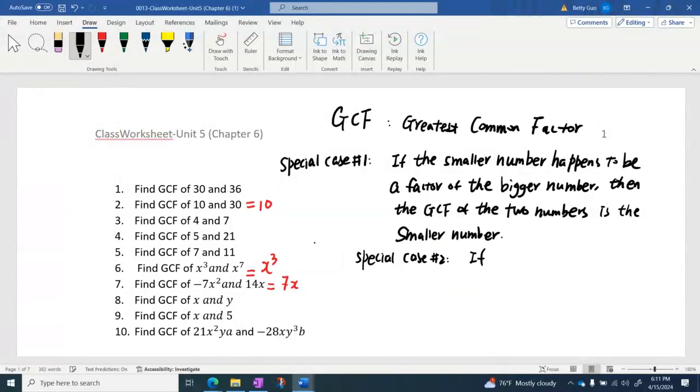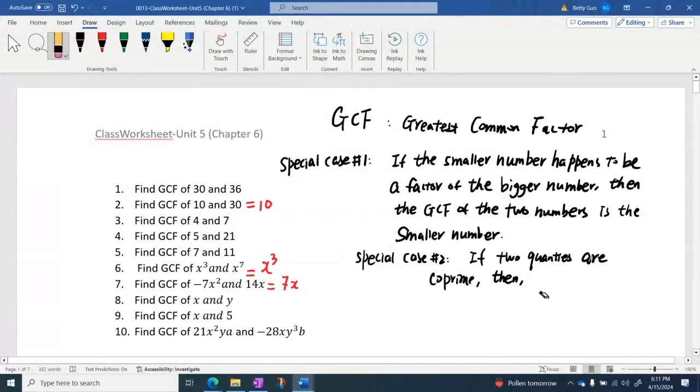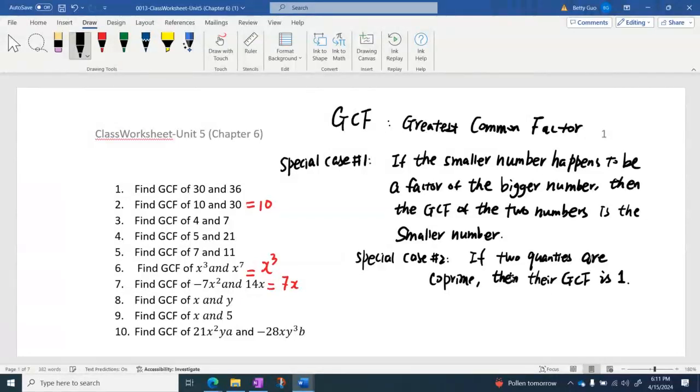If the two quantities are co-prime, then their GCF is 1, if you remember. Okay? Well, let's recall what a co-prime is.